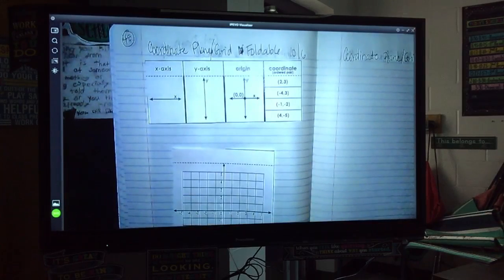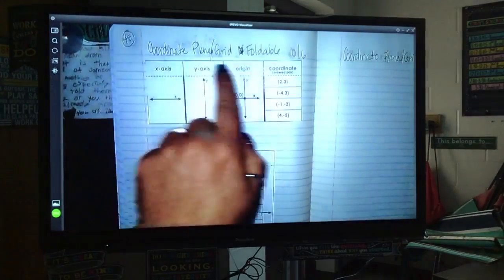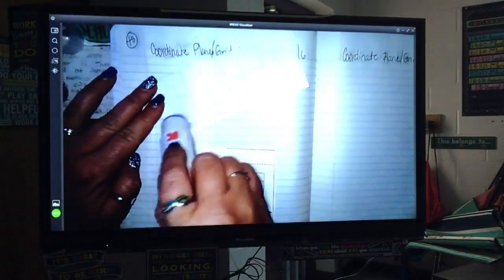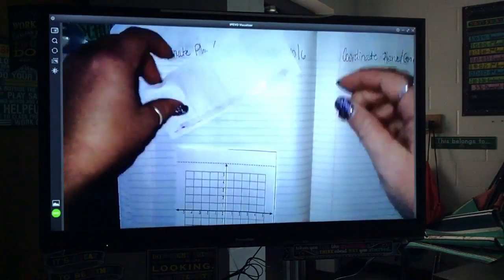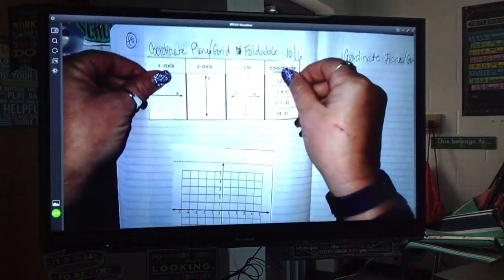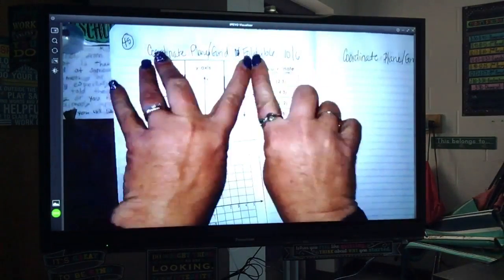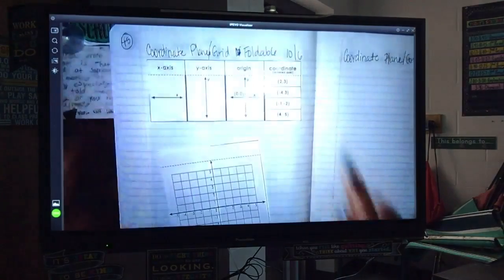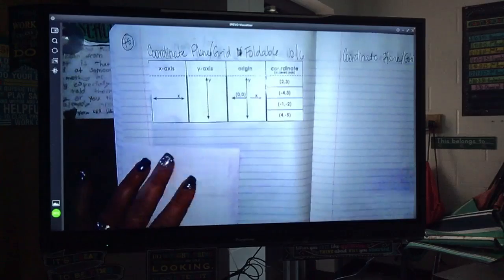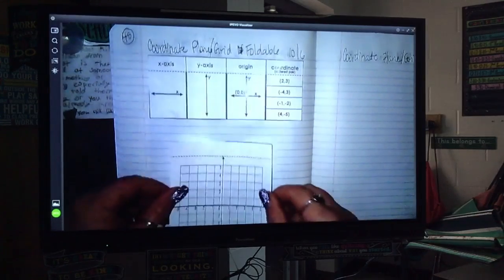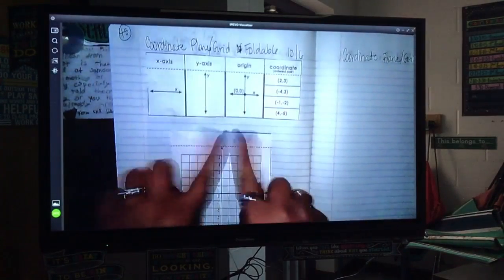All right. The next part, you are only gluing on the top flap. So essentially you're just putting a little bit of glue across the top, and then you're gonna glue this down right underneath your title. Same thing for the coordinate plane, and then glue it down.